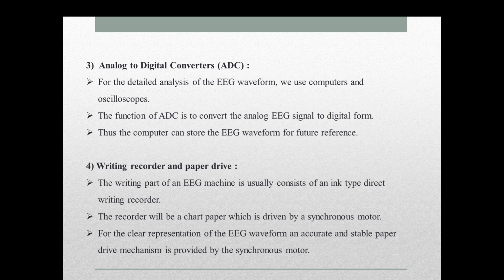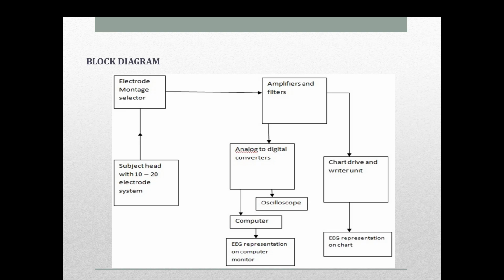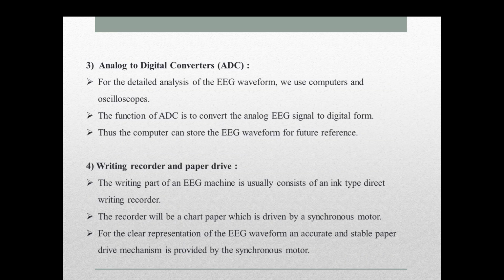Next to that, we will have an ADC, that is analog to digital converters. First the electrode system sends the electrical waves to the electrode montage selector. Then they are sent to amplifiers and filters, and then to analog to digital converters. Why is the analog to digital converter used? If we want the output on the computer screen, the computer needs digital input, right?